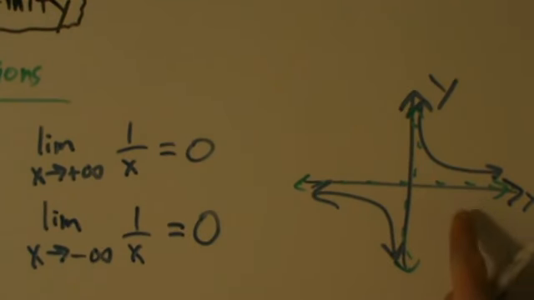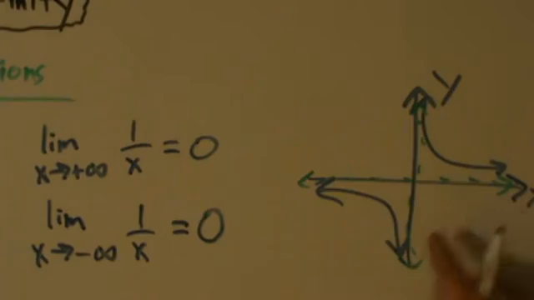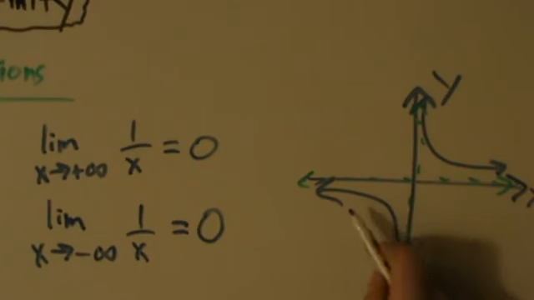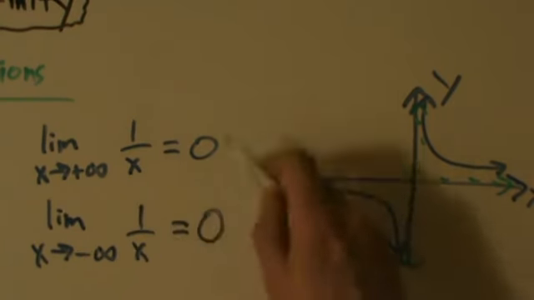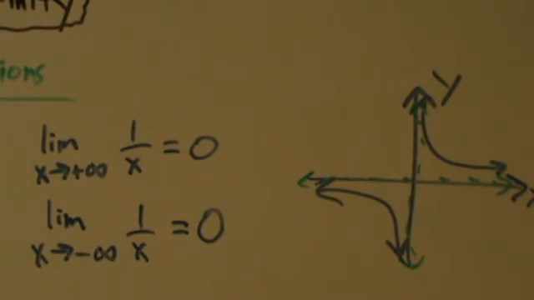But this horizontal asymptote here, we see that as x goes really far off to the right, the y values are approaching the horizontal asymptote, which is y equals 0. And as x goes really far to the left, the y values again are approaching the horizontal asymptote, y equals 0. So that's why these limits are what they are.